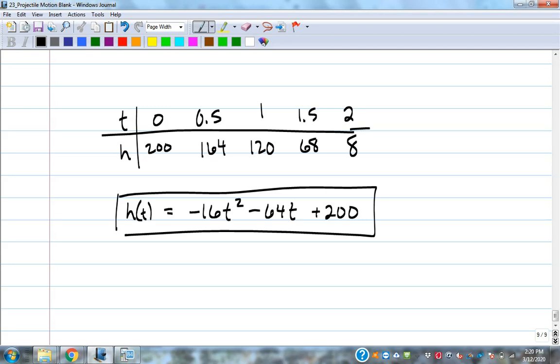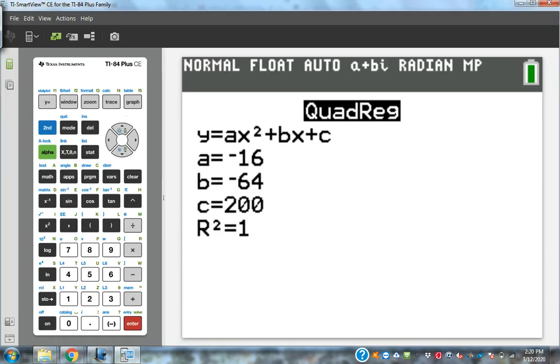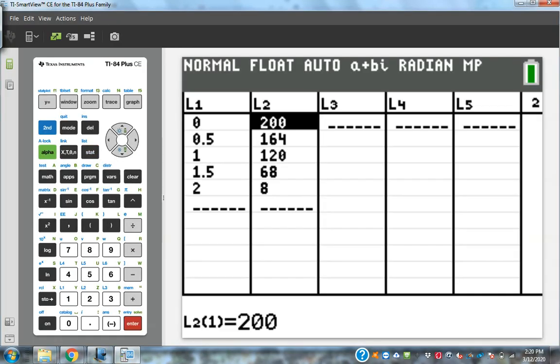Number 2 is the same thing, except B part asks, how long will it take it to reach a height of 150? So set the thing equal to 150 and solve it. And the back side, they're all the same. Your process is hit stat, edit, L1 is X or T, L2 is Y or H, depending on what you're talking about.